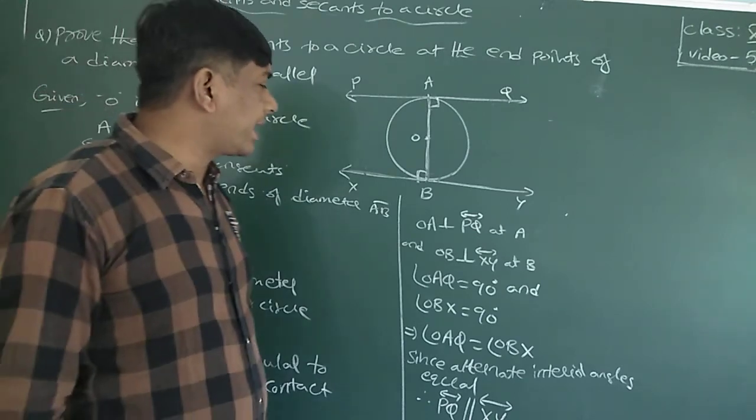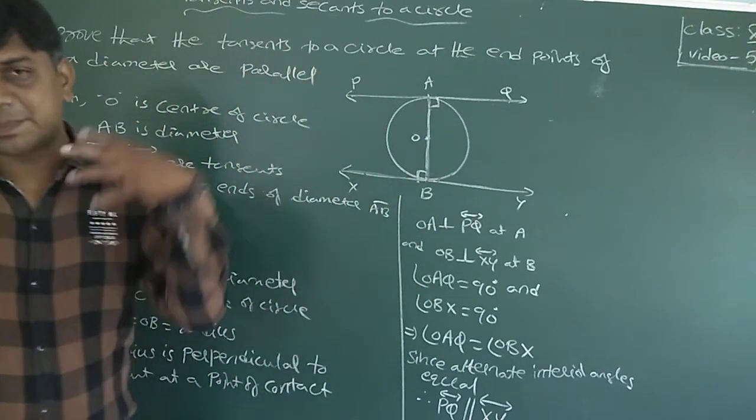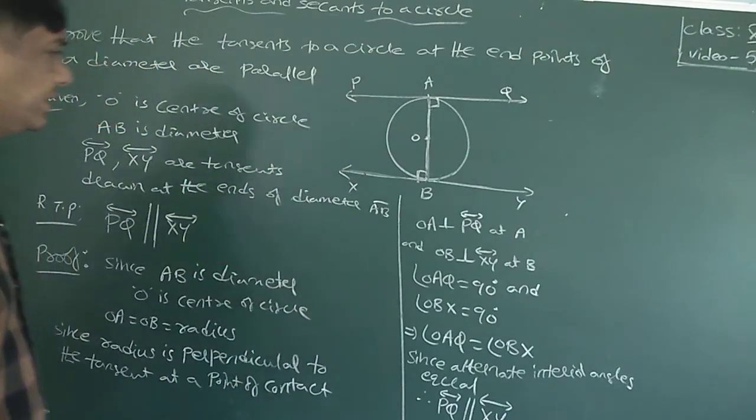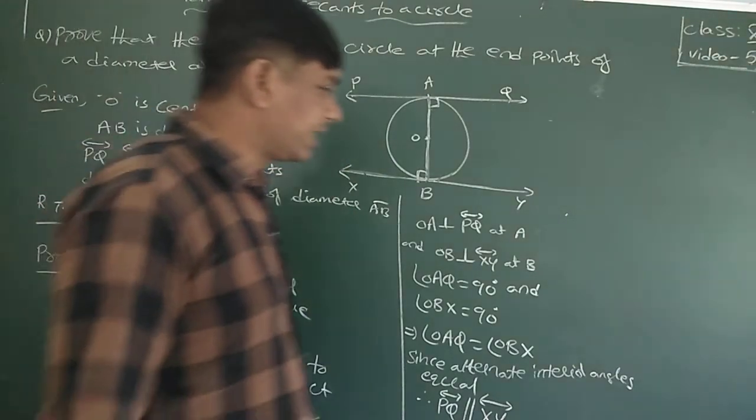Since co-interior angles are supplementary, they are parallel. That property also we can use. That's your wish. So it is easy. That's what I used: alternate interior angles.